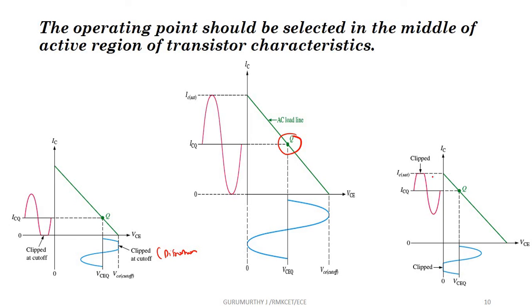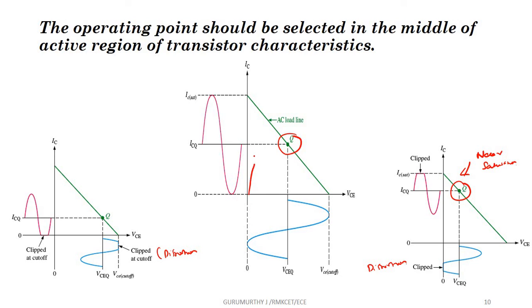And if you select the Q point near saturation, when you consider the output voltage waveform, the negative half is clipped off and it is going to cause distortion. So the proper way is to select the Q point in the middle of the load line. Why?